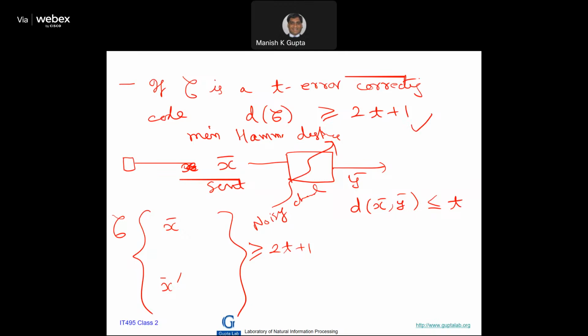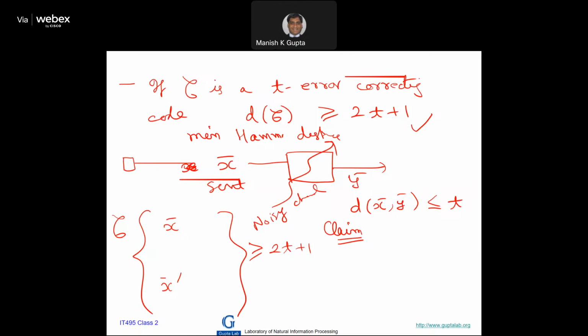Now, very important, look at it very carefully. First of all, just tell me, when do you think we will be able to correct the errors? X is sent, Y is received, and what we normally do, we compute the distance of Y with all the vectors in C. Whichever is the least, I decode it like that, right? So obviously, we want to show that the distance of Y with X is the smallest, as compared to all others.